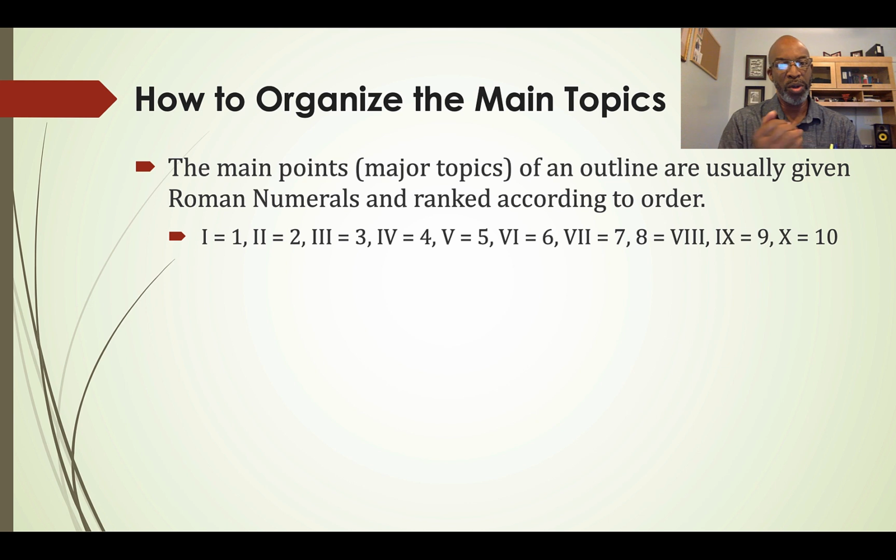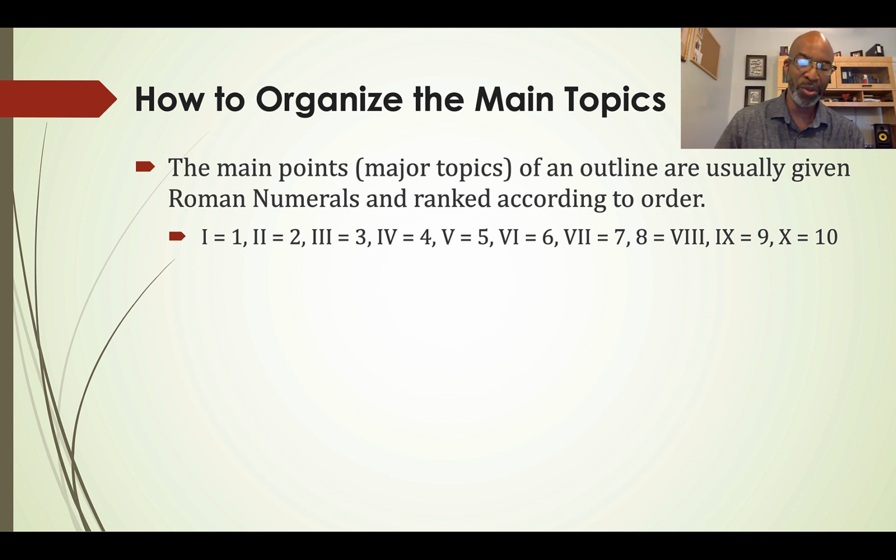Okay, so how to organize your main topics. Your main points or your major topics, like the four we just talked about, are usually given Roman numerals, and ranked according to order. So, for instance, Roman numeral 1 is your first major topic.